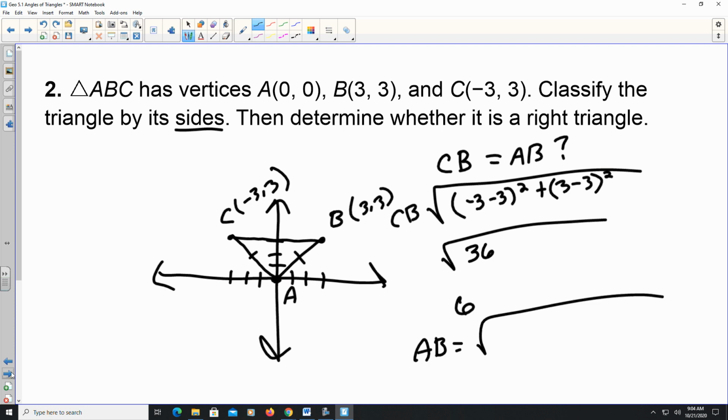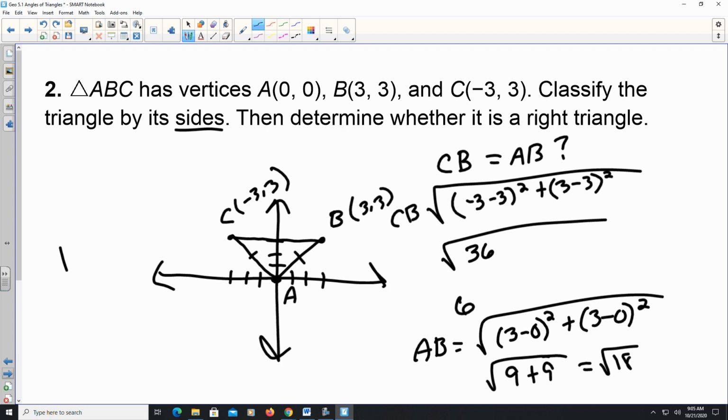So I got 3 minus 0 squared plus 3 minus 0 squared. 3 minus 0 is 3, so this is going to give me 9 plus 9, which is 18, so it's the square root of 18. Square root of 18 is not going to give me 6. So the only two line segments that are equal to each other are AB and AC. So in this particular instance, this is an isosceles triangle by classification of its sides.